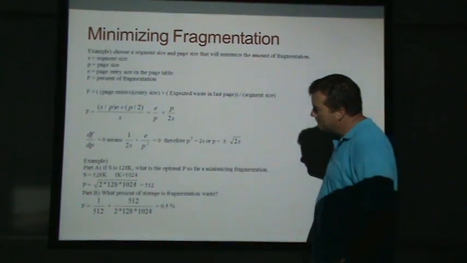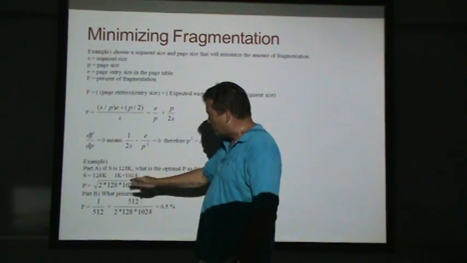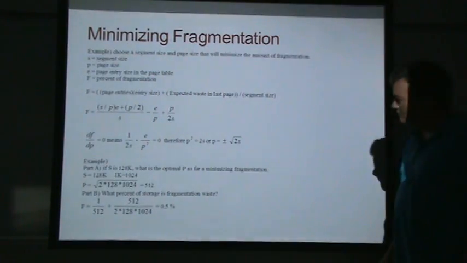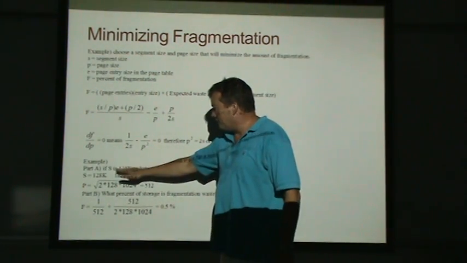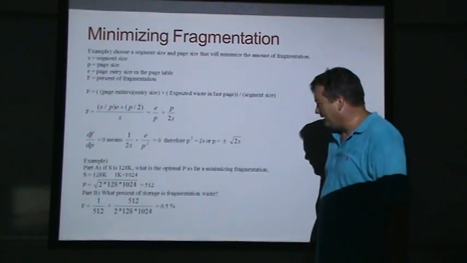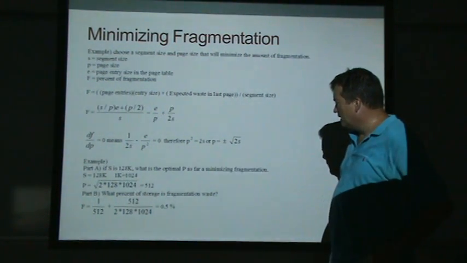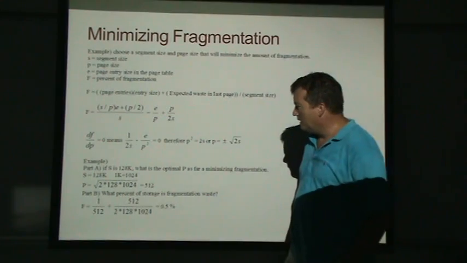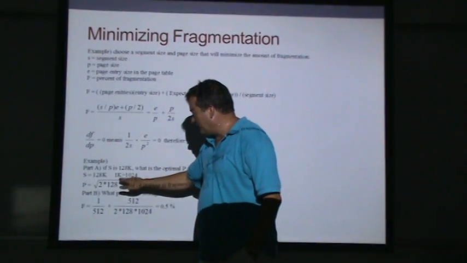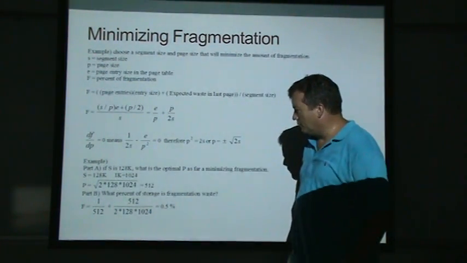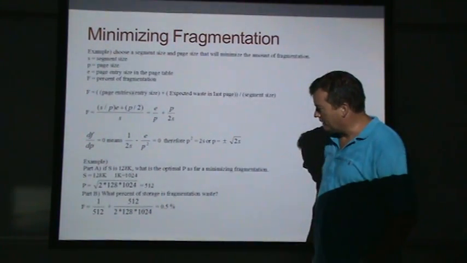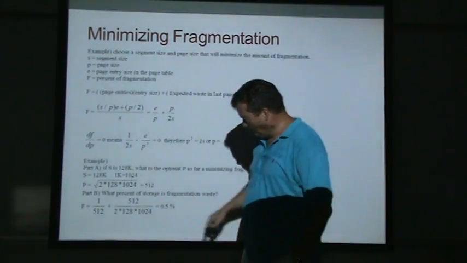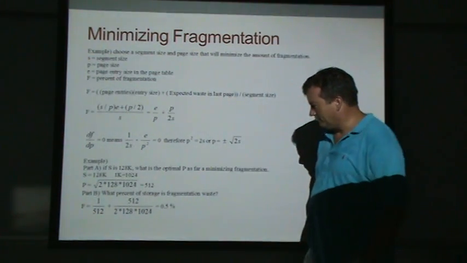So for example, if a segment had 128K, this is an old example because memory is much bigger than this, what would be the optimal page size to minimize fragmentation? So S is 128K, remember 1K is 1024, so the best page size would be the square root of 2 times 128 times 1K, which would be 512 bytes.